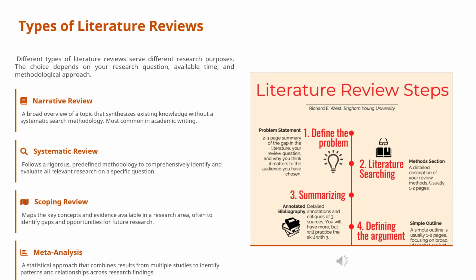The narrative review provides a broad overview of a topic, often used to introduce readers to a field or to synthesize diverse perspectives without systematic search or methodology. And it is the most common type of review in academic papers or academic writing.